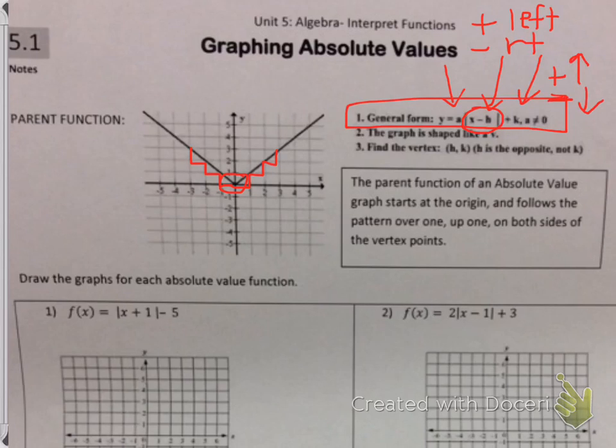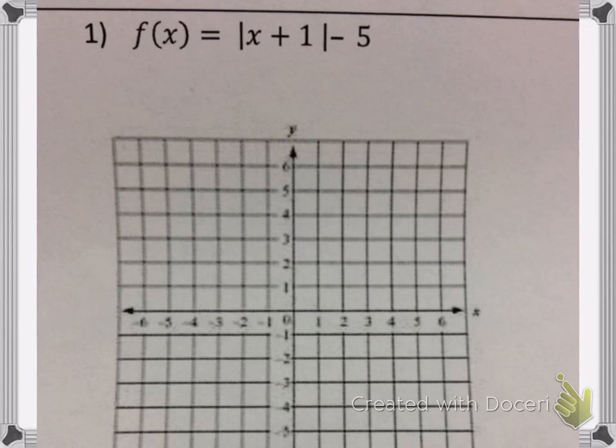So let's just do a couple of examples here and see if we can figure this out. So this number right here, the 1, it tells us if we're moving left or right from the origin. Because the 1 is positive, we're going to be moving left. Because it always is the opposite if it's inside the grouping symbols and if it's attached to the x.